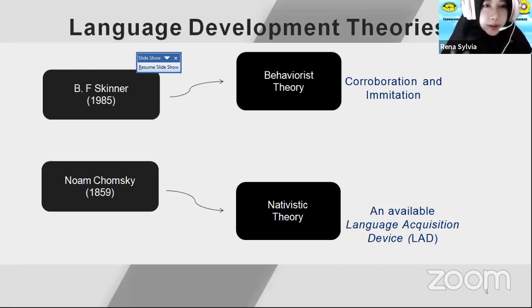However, Noam Chomsky in 1959 introduced the nativist theory. He said that children already have something inside their brain called the language acquisition device.